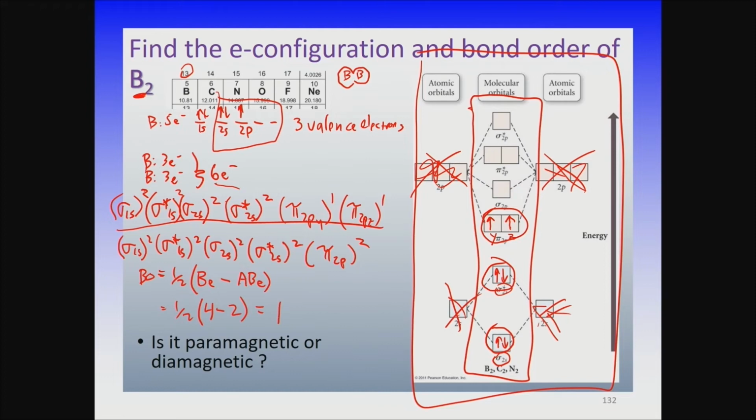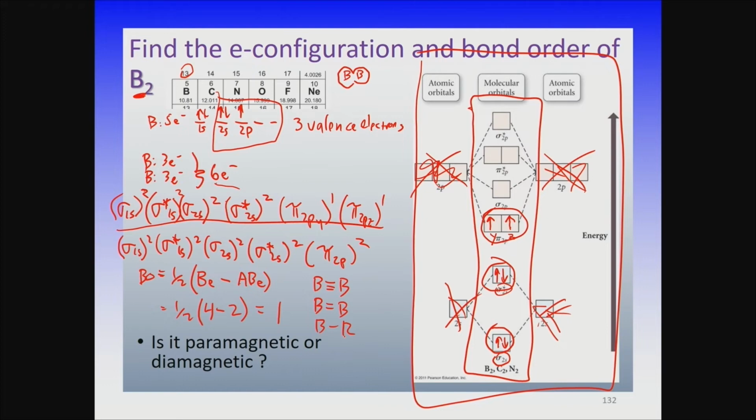So what does that mean? The bond order tells you the number of bonds predicted to be bonding these 2 atoms together. One possibility could have been that boron has 3 bonds between its atoms, or maybe 2 bonds, or maybe only 1 bond.